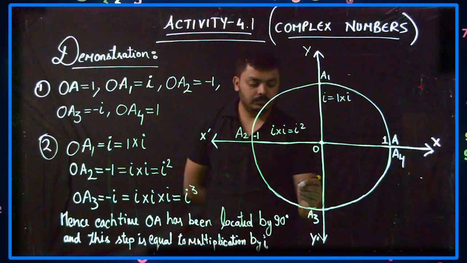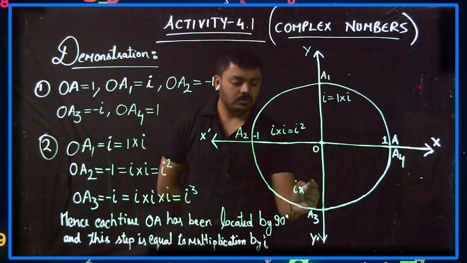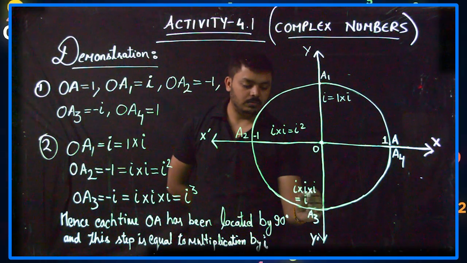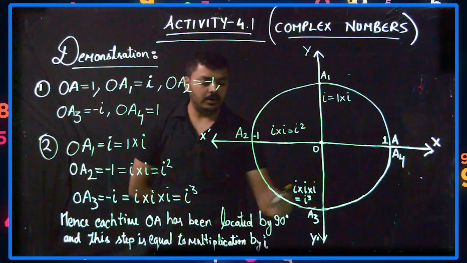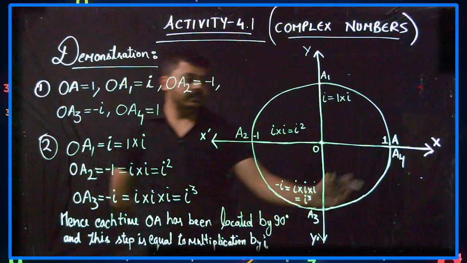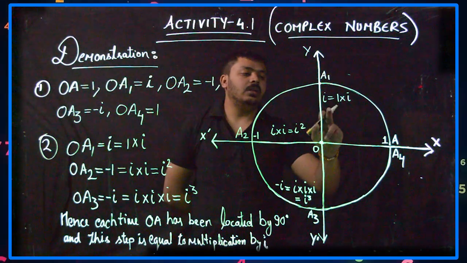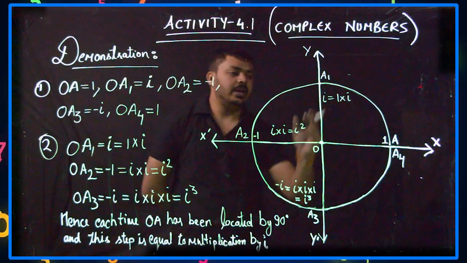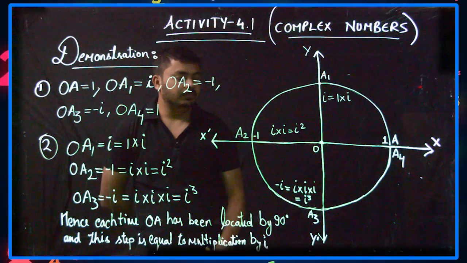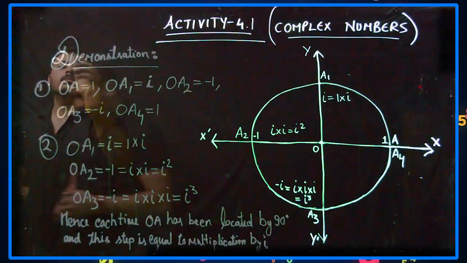OA3 is iota into iota into iota, that is i cube or iota cube, that is minus iota. That is, we can see every time the thread moves through 90 degree, iota is being multiplied, at every multiple of 90 degree: iota, then iota square, then iota cube, and similarly this goes on for every multiple of 90 degree.